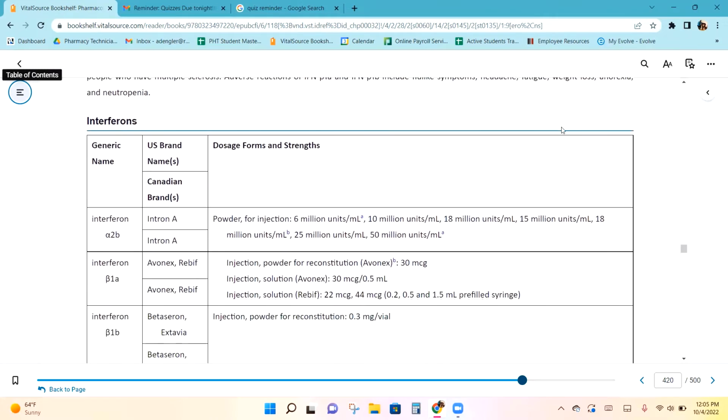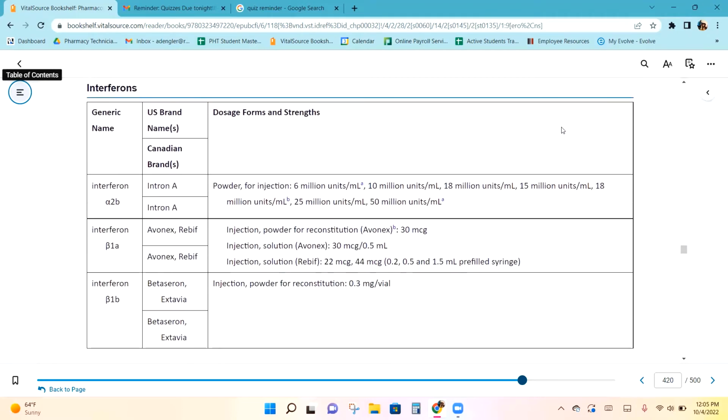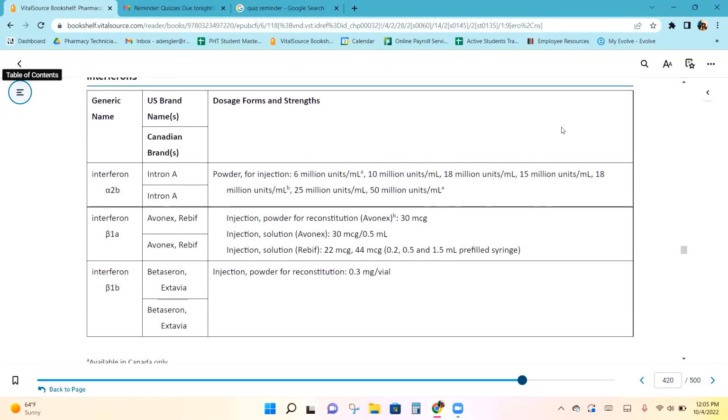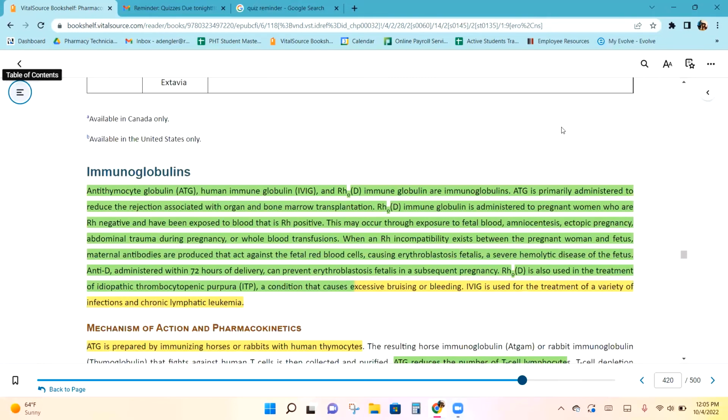So again, here we have the interferons and all their dosage forms and strengths. All of these are injectable medications.